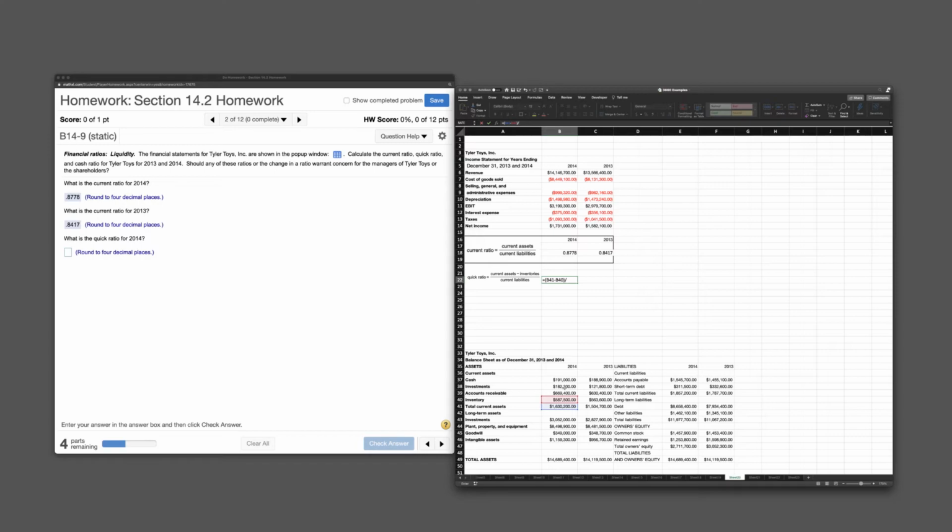Of course, it will be less than our current ratio, and that's fine. We just want to see that change, whether or not it's improved. So for the quick ratio, the numerator is current assets minus our inventories, and then we divide that all by our current liabilities. Again, we want 4 decimal places.